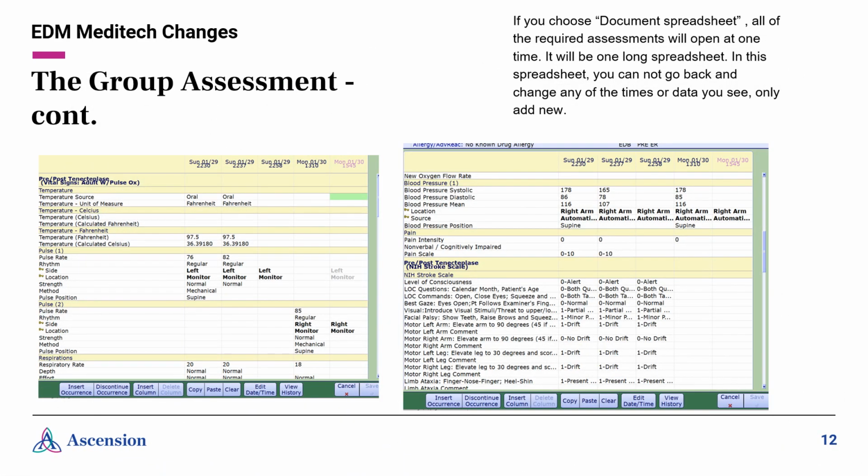If you choose Document Spreadsheet, all of the required assessments will become open at one time. It will be one long spreadsheet, including all 5 assessments. In this spreadsheet, once a time is documented, you cannot go back and edit any of the date or times. You can only add new.